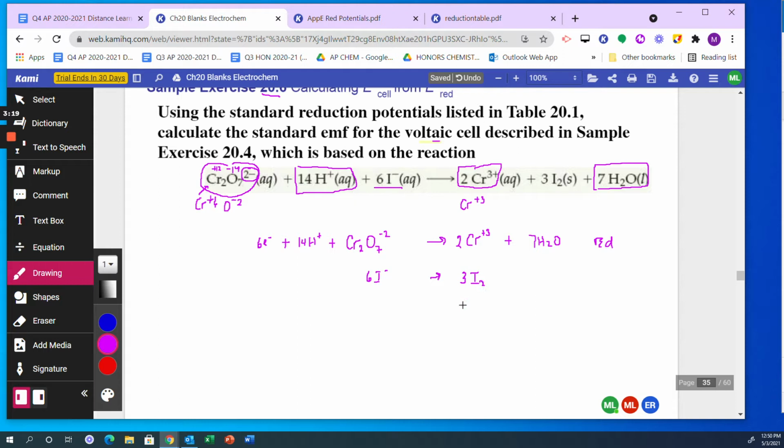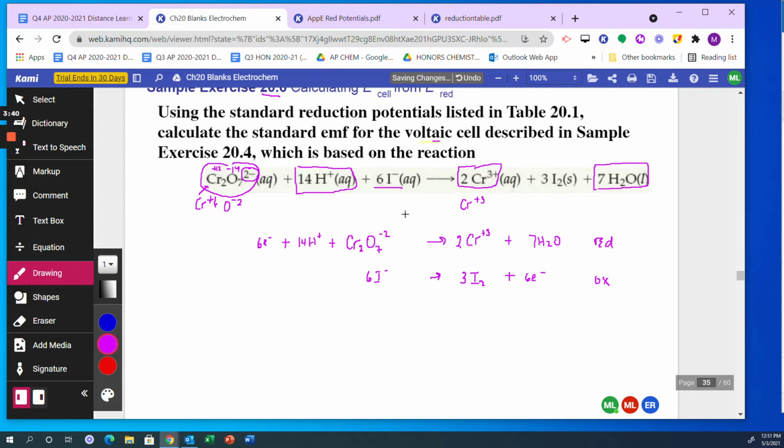So the charge here is 0, the charge here is -6. So I'm going to add 6 electrons to the more positive side. So now it's 6 minus, 6 minus, it's equal. Okay. So it looks like I- got oxidized. So this is the oxidation half reaction.